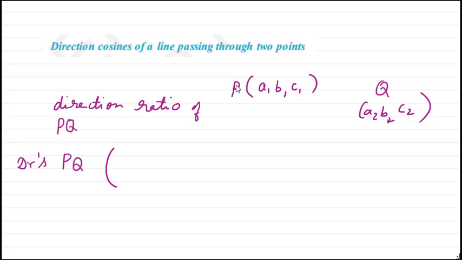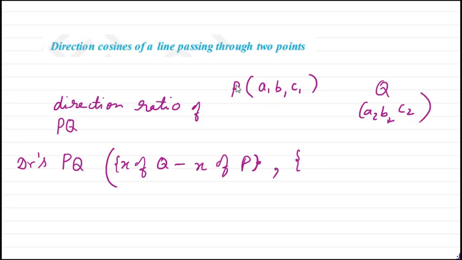So for the DRs of PQ, for the x coordinate, you will write x coordinate of Q minus x coordinate of P. That will give you the direction ratio for x.